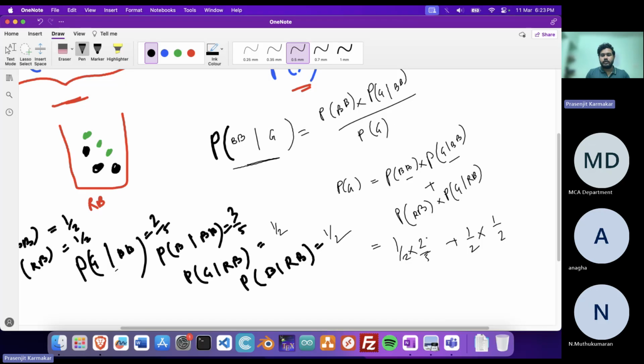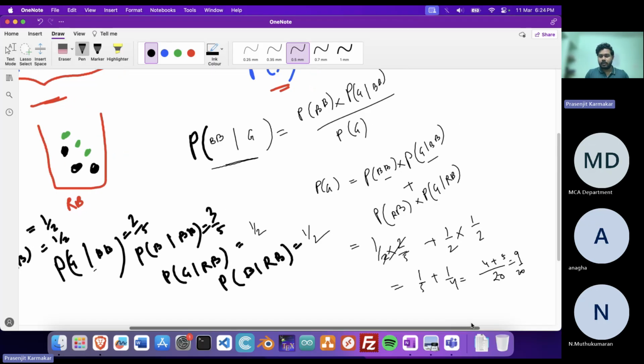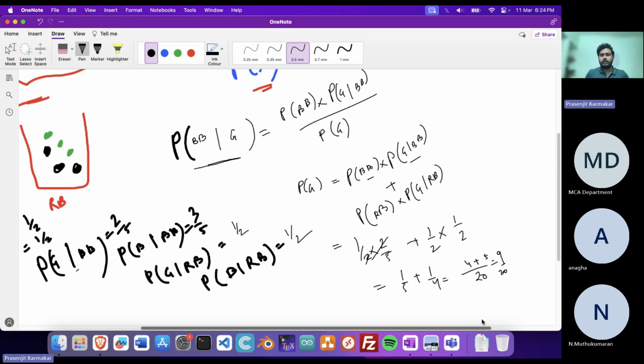So these two cancel. 1 by 5 plus 1 by 4 is equal to 20, 4 plus 5, so 9 by 20. So that is the probability of picking up a green ball. Yeah, 9 by 20. Exactly.